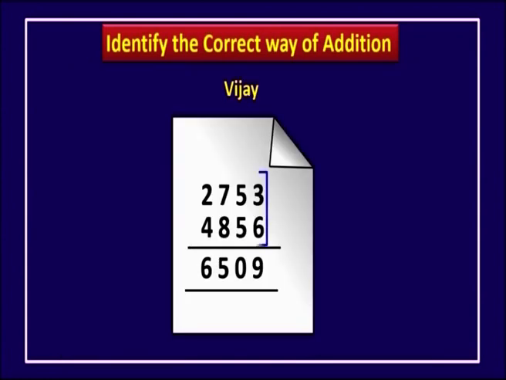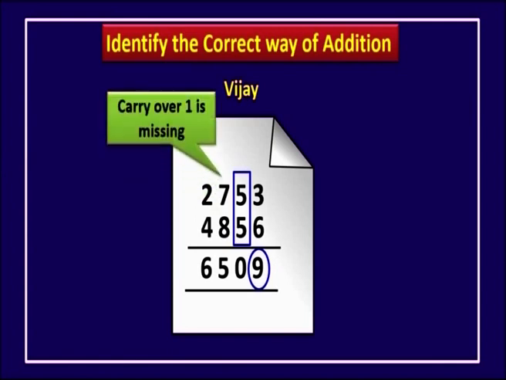So here if you notice, we have seen already, we will start adding from the units place, then tens, hundreds, thousands, and so on. So in the units place we have 3 plus 6, 9. So 9 is written correctly. Now we will move on to the tens place, that is we have 5 plus 5, which is 10. So here 10 is there, he wrote 0, but he forgot to take a carryover here.